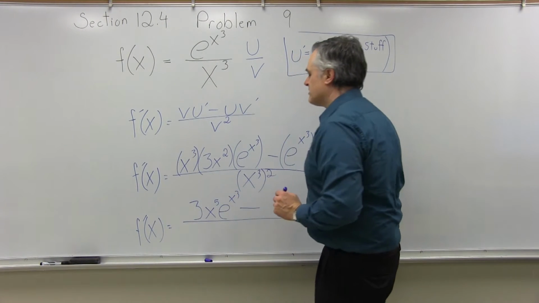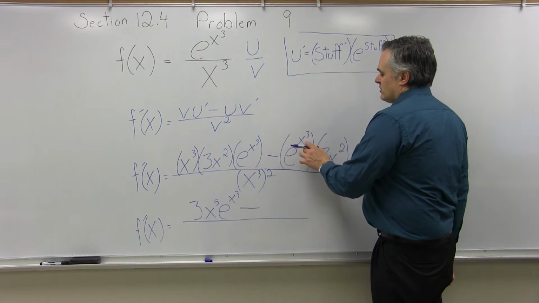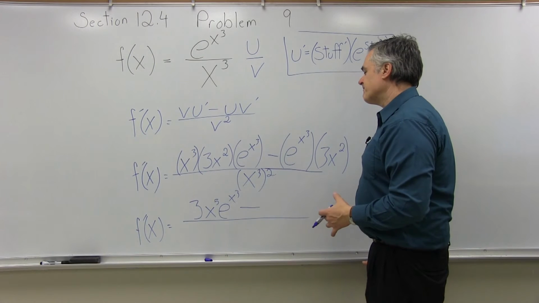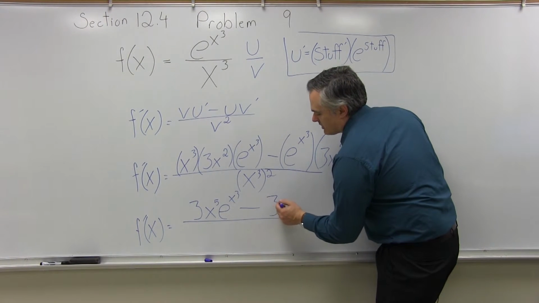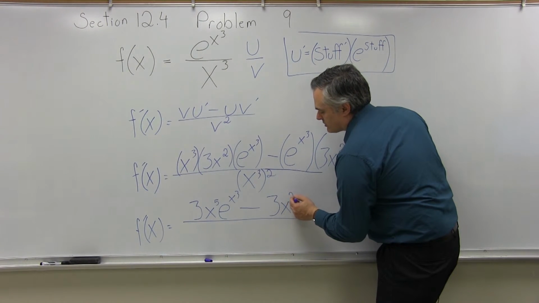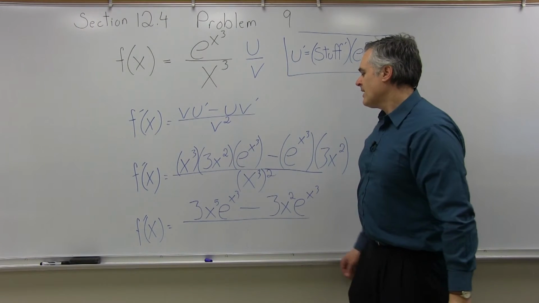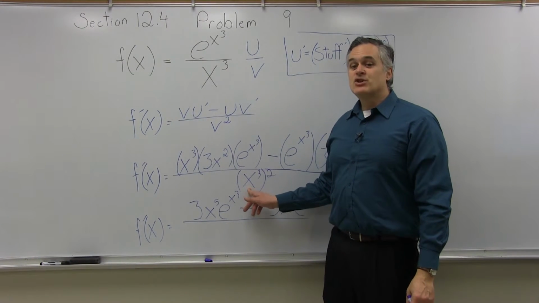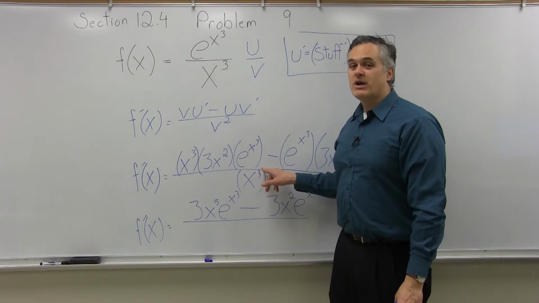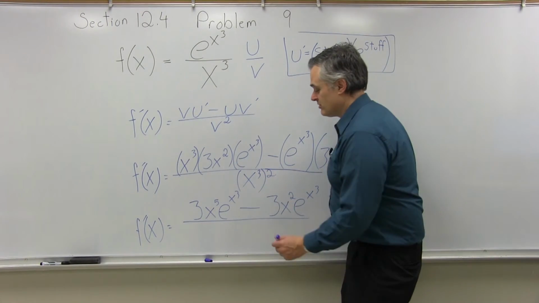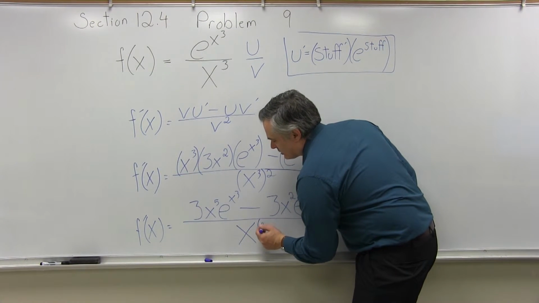That cleans up the first part of my quotient rule. The second part, minus e to the x cubed times 3x squared, we could leave it like that. It looks a little bit nicer, I think, if we put the 3x squared in front. So I'll just write it as 3x squared e to the x cubed power. And then in the denominator, we had x cubed raised to the second power. With a power to a power, you multiply the exponents. So 3 times 2 gives me an x to the sixth power in the denominator.